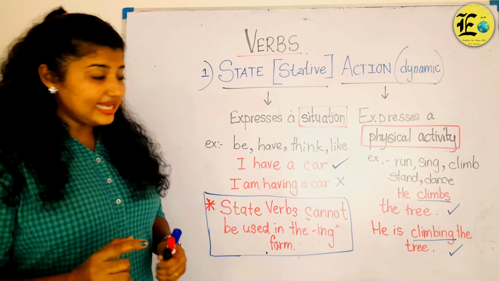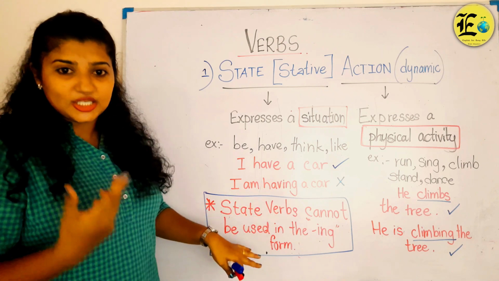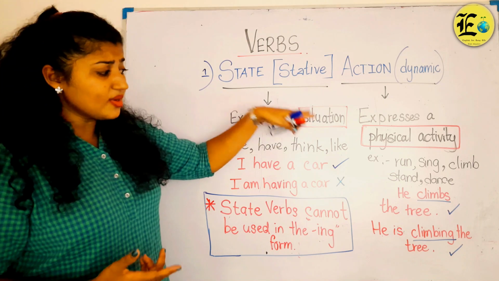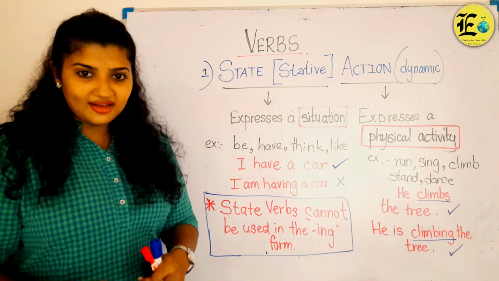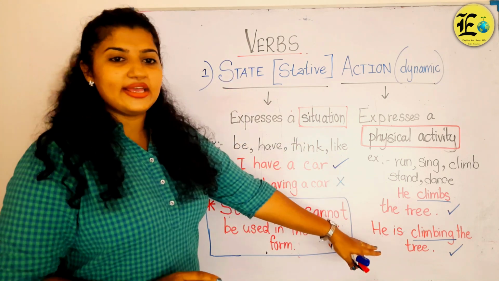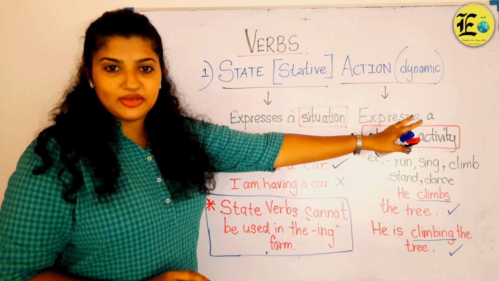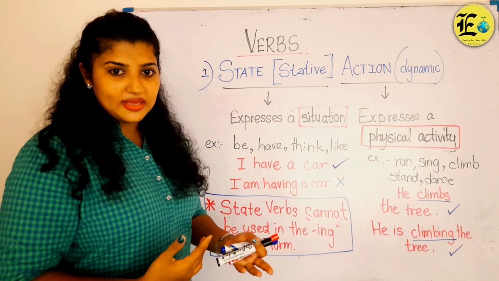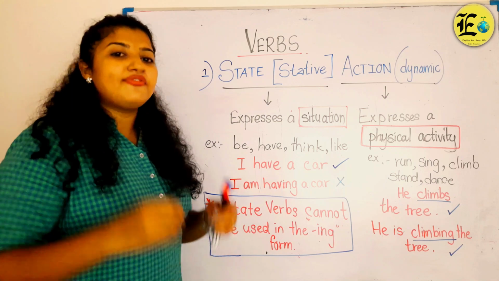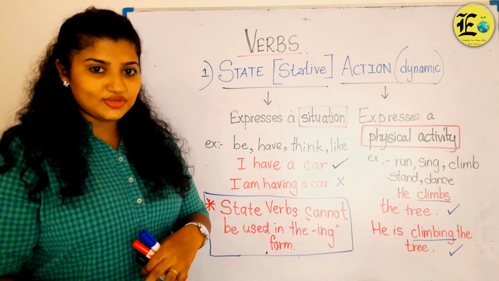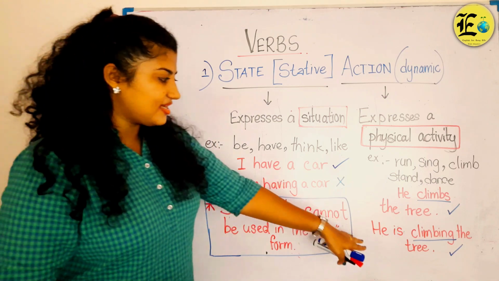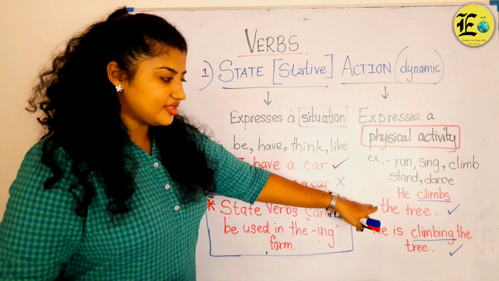the continuous form, because they describe or express a situation. Whereas you are allowed to use the ing form for action or dynamic verbs because you perform them and they can be continued. Therefore, they can be used in the continuous form or the ing form, just like the examples I've shown here. He climbs the tree.